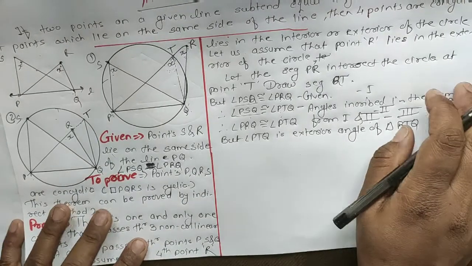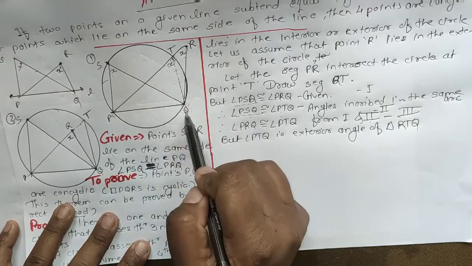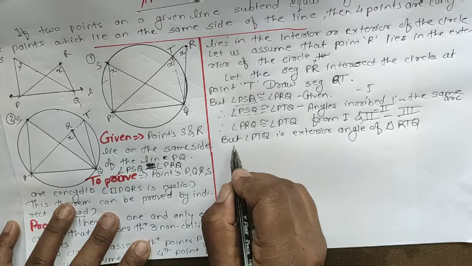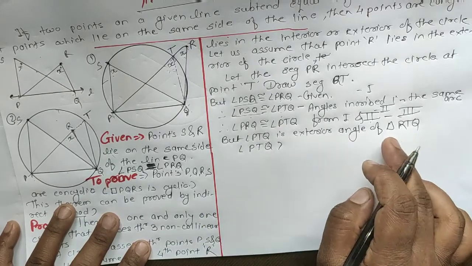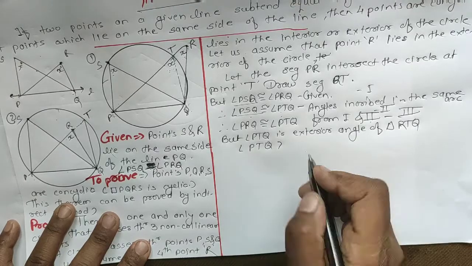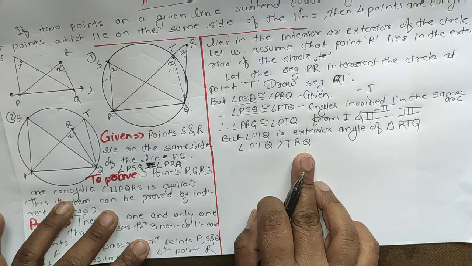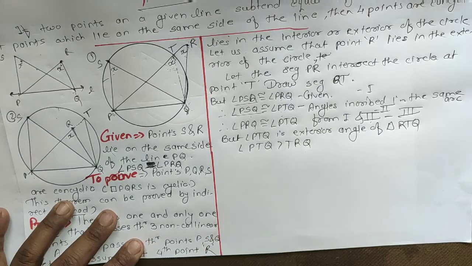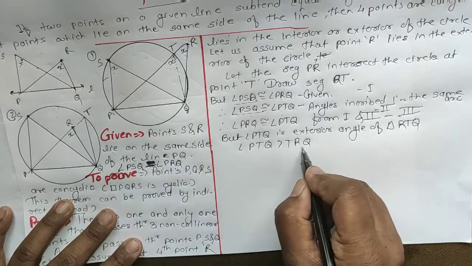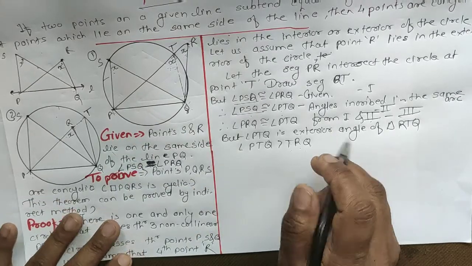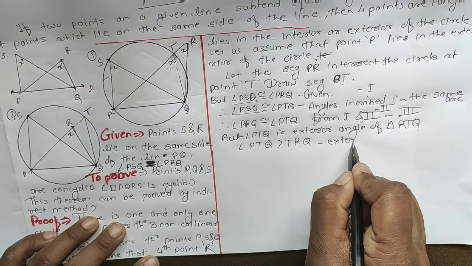According to the exterior angle theorem, PTQ is greater than TRQ and also greater than TQR. So write: angle PTQ is an exterior angle, and according to the exterior angle theorem, PTQ is greater than TRQ, otherwise you can take PRQ. This is the exterior angle theorem.